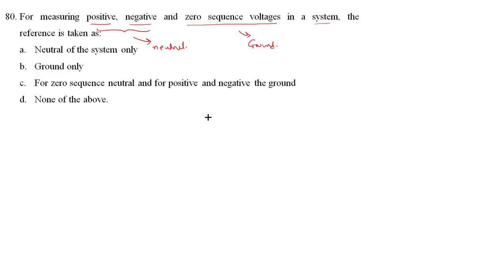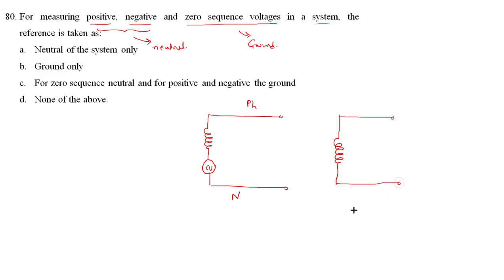For example, if I draw the positive sequence network of a generator, let us say, this will be the positive sequence network of a generator. So this is the phase, this is the neutral. If I draw for the same the negative sequence network, then we know that for the negative sequence network there are no voltages. So again, this is the neutral and phase.